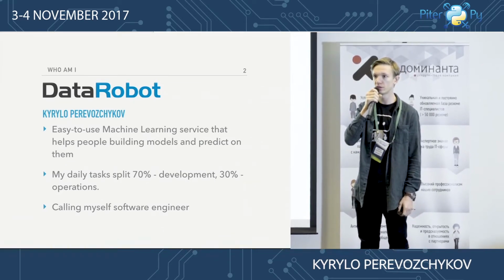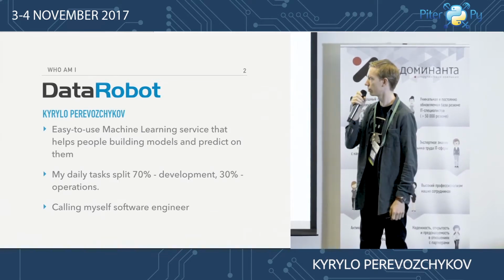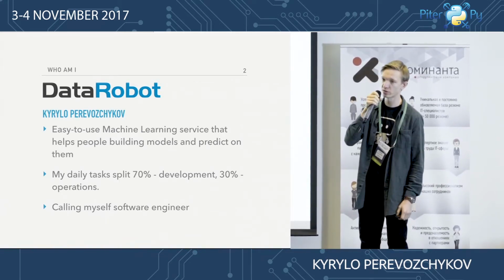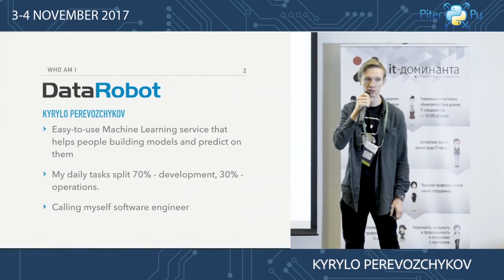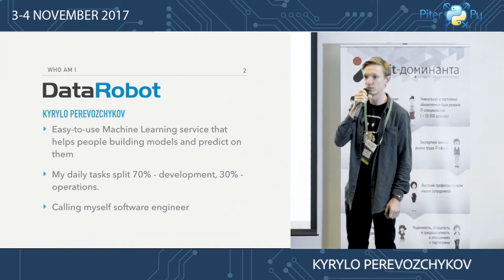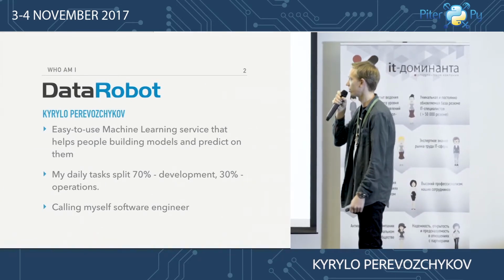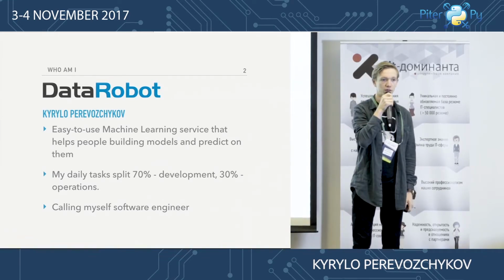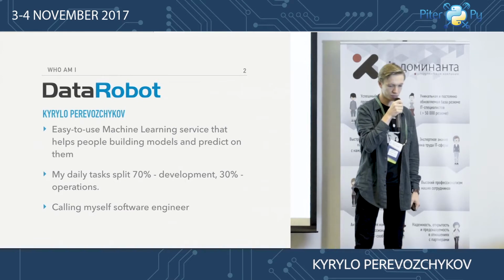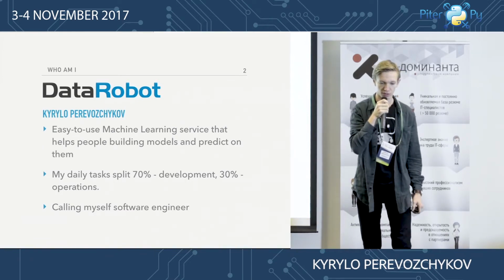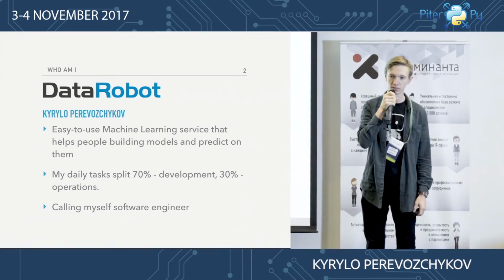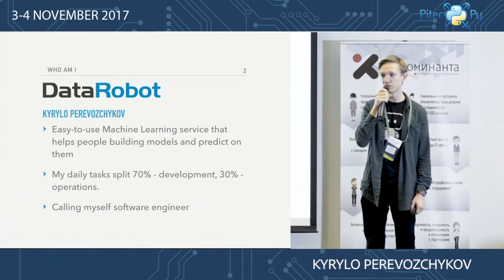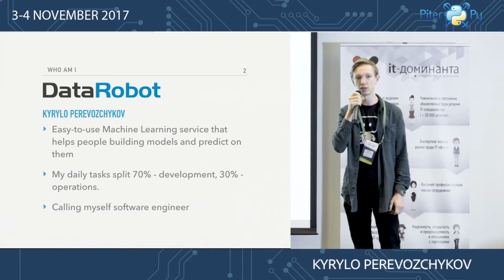DataRobot, as a matter of fact, is a data science service. In the past we called it machine learning service, but now we call it data service because it's a completely automated company. We provide services of processing your data. We build a model for you.